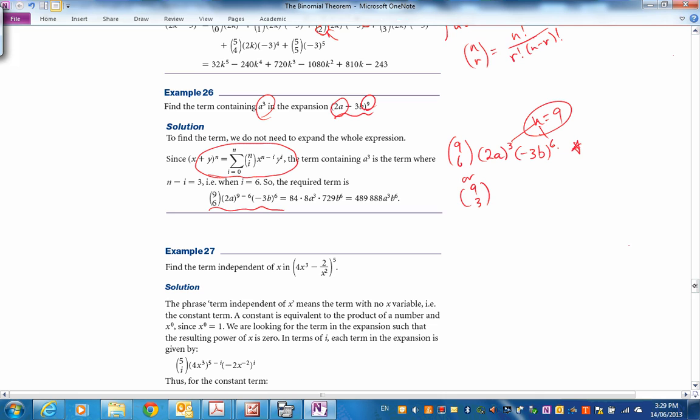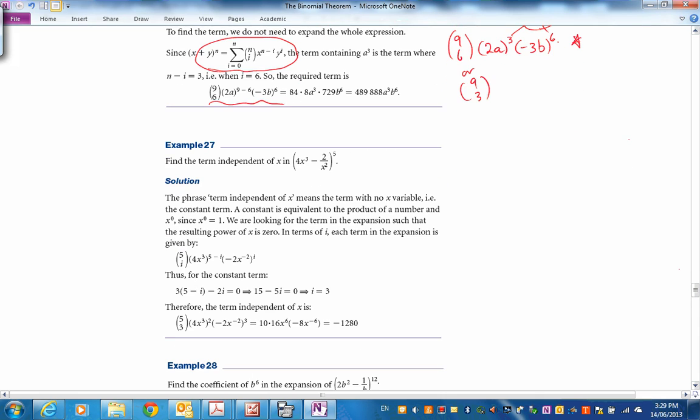Okay. Find the independent term of x, independent of x, the constant term. So now we might have to use the formula a bit. So here we want overall just a number and x to the naught. So you want the powers of x in these two terms to come to 0 basically. So let's say we don't know what the terms are.